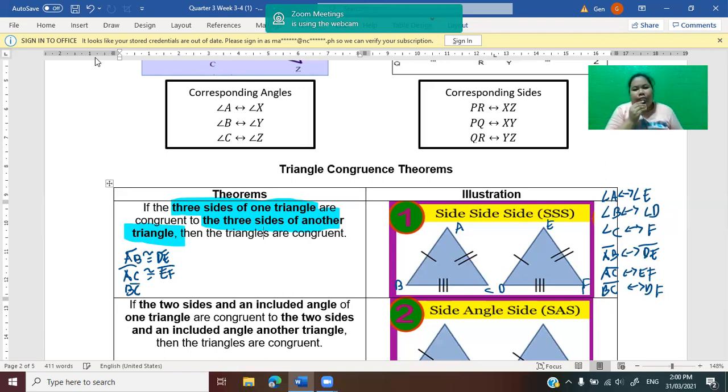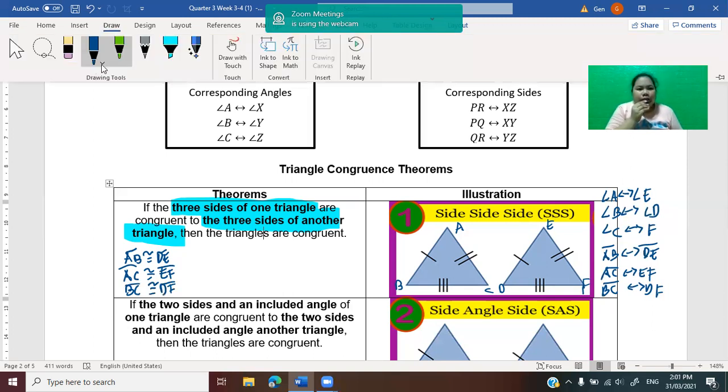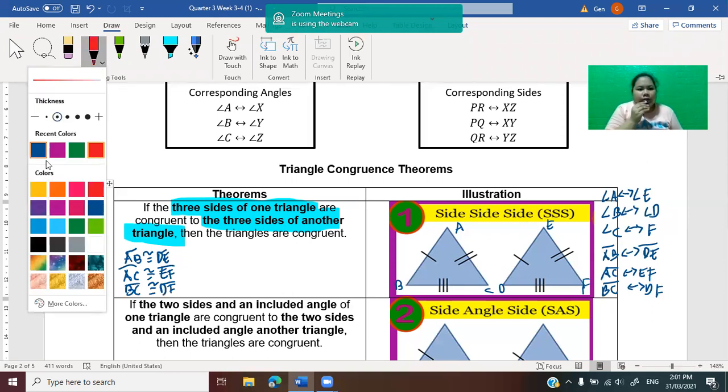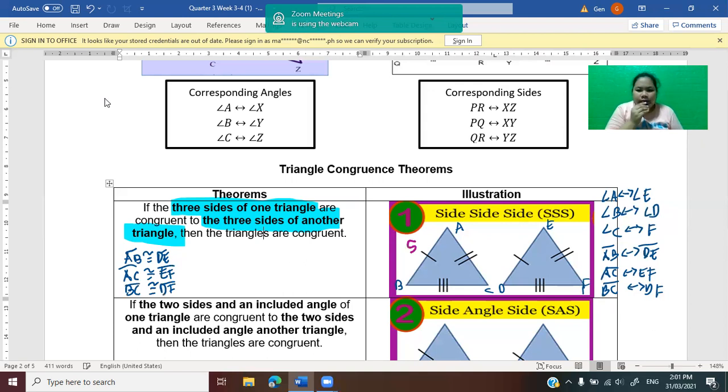Okay, so how are we going to illustrate these two triangles with measures? Okay. So pag may sukat siya, let's say ito ay 5 cm. And this is now 5 cm.